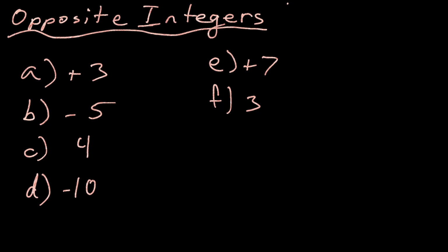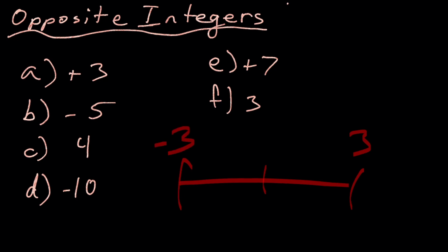Okay, so opposite integers. So what that means is an opposite integer is exactly that. It's the number that's on the opposite end of the number line. Okay, so if I'm thinking about 3 over here, positive 3, this would be negative 3. That's its opposite integer.